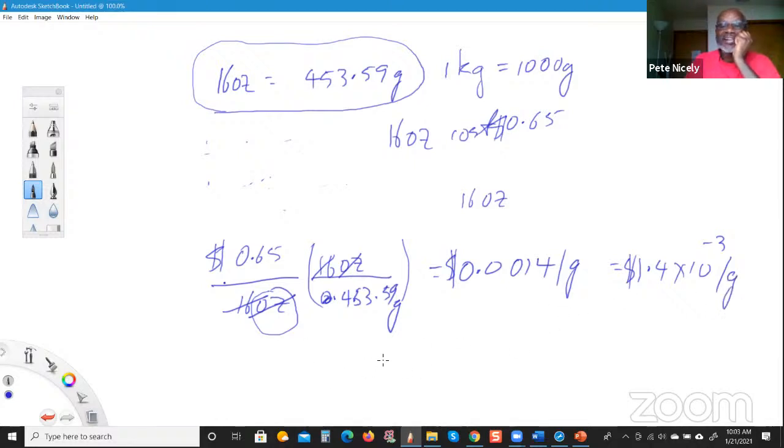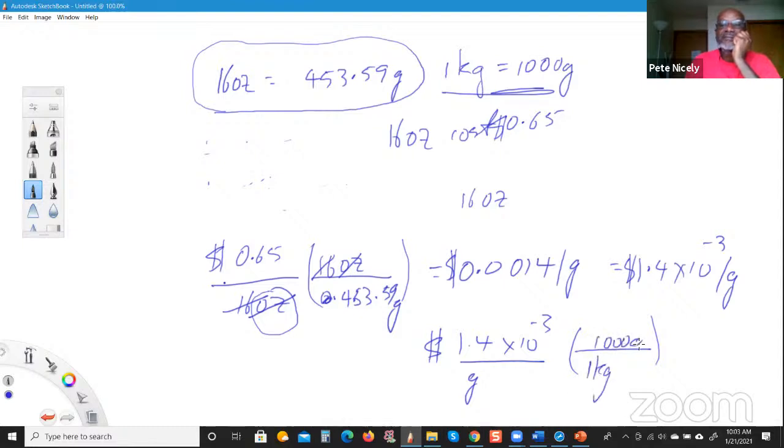And then to find the cost per kilogram, it would be multiplying 1.4 times 10 to the minus 3 dollars per gram. And this time I would multiply by this relationship here, which is, hold on, wait a minute. 1 kilogram below, and 1,000 grams above.